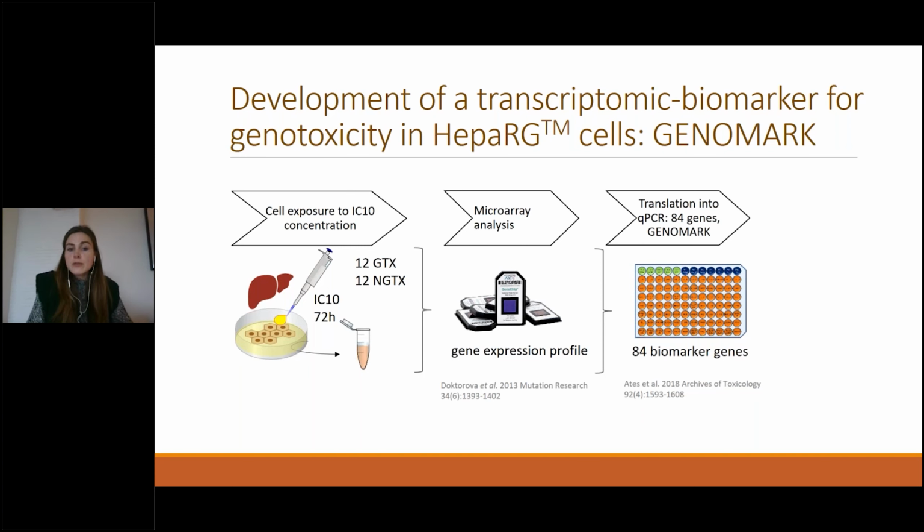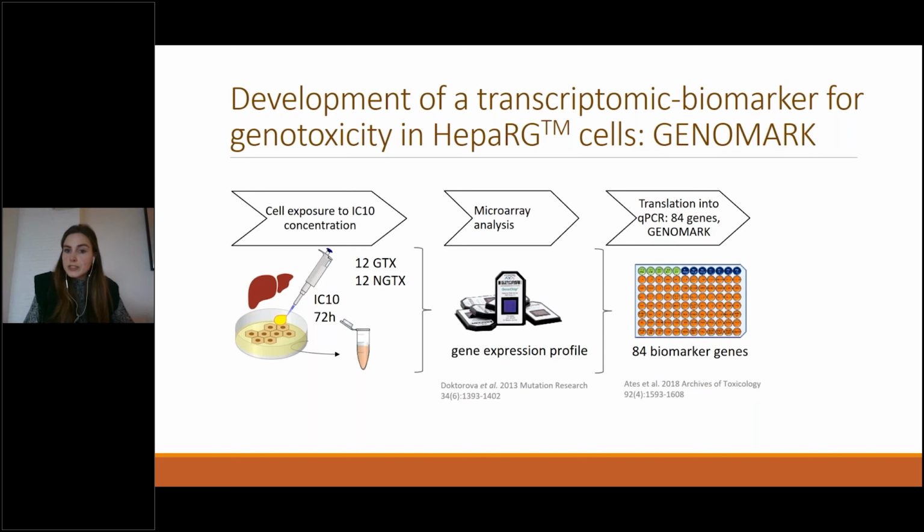Later on, the microarray was translated into an easy-to-handle qPCR assay, and the high amount of probe sets that we obtained with the microarrays were subjected to 3 different statistical analyses to obtain the 84 genotoxic-specific genes, which were easily spotted in a 96-well plate to perform the qPCR assay.